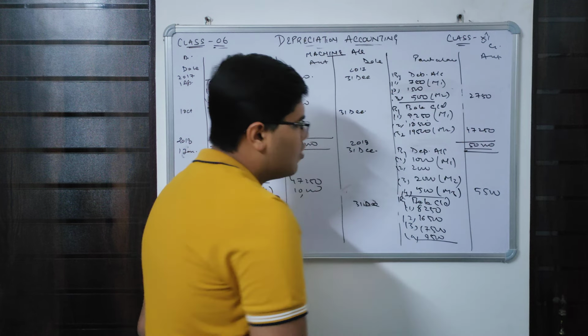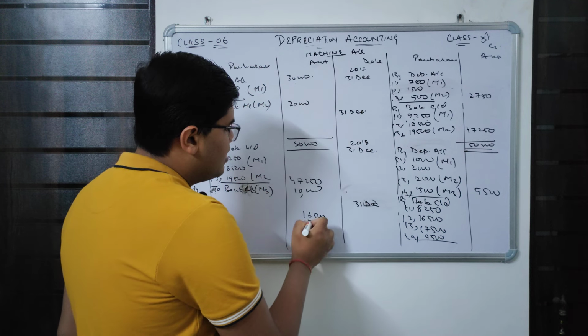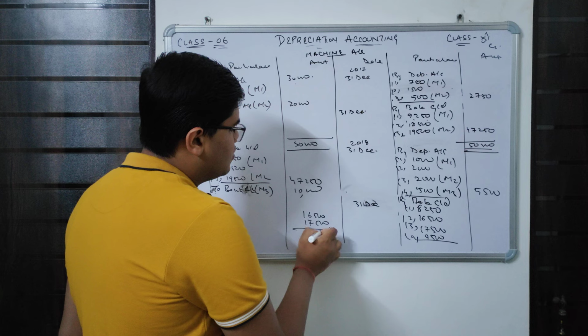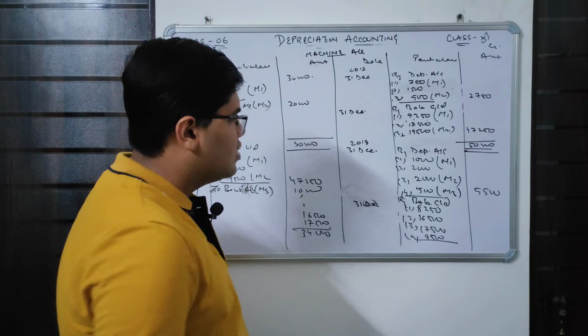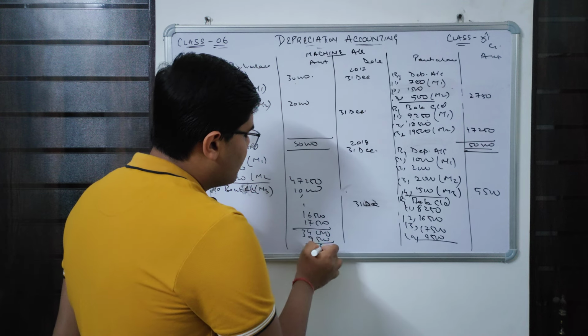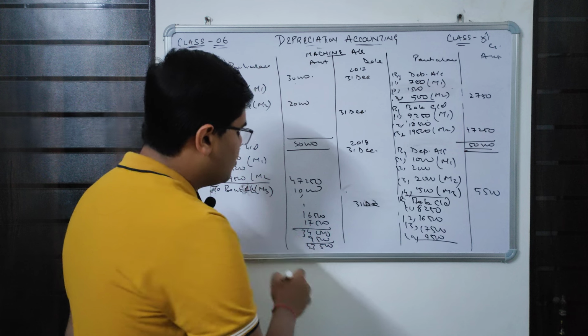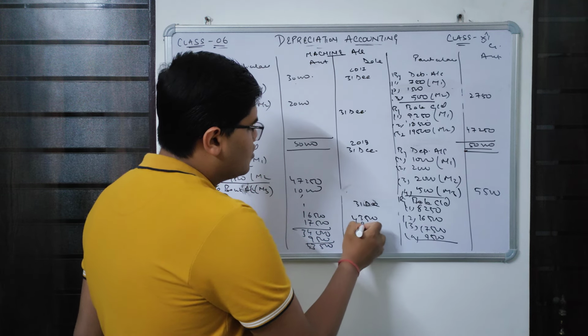Now let us total here, what will we get as the balance. 16,500, 17,500. So it will be 34,000 and 9,500. So it will be 43,500 and 8,250.